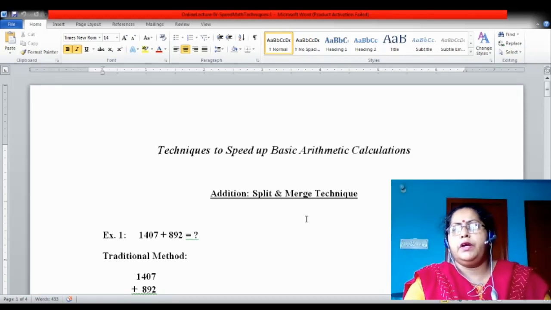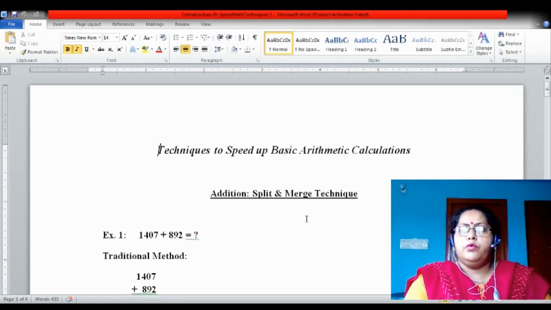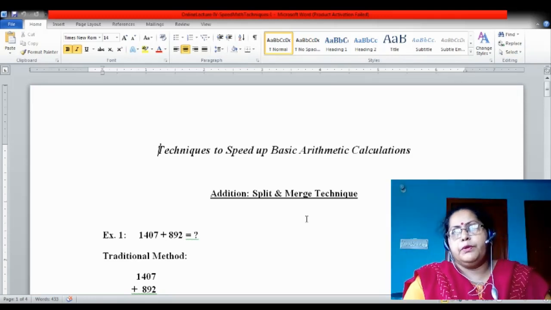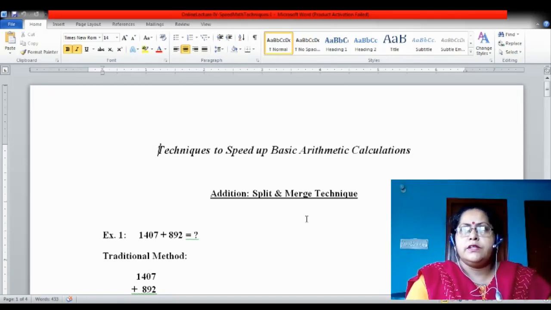So that's why we brush up some methods by which we can do basic arithmetic calculations in a much faster way. Even if we can save 2, 3, 4 seconds in a problem, then ultimately in a test of 50 problems it matters much, and it gains you the time to tackle 2, 3 more problems.